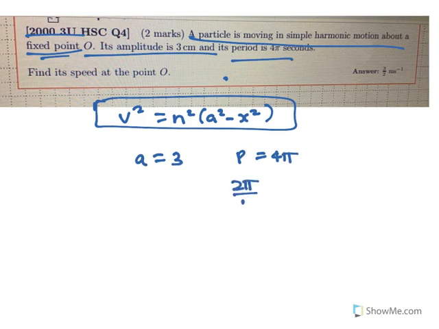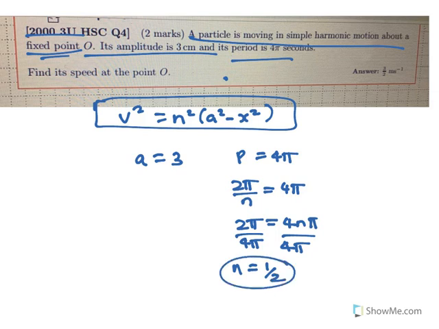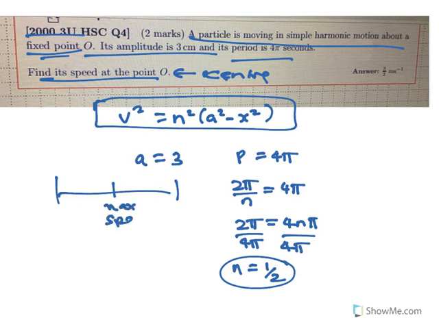So that means that 2 pi on n equals 4 pi. So 2 pi equals 4n pi. If you divide by 4 pi, you can get n. n is equal to a half. So find its speed at point 0. Point 0 is at the centre, and we know at the centre is where you reach your max speed.